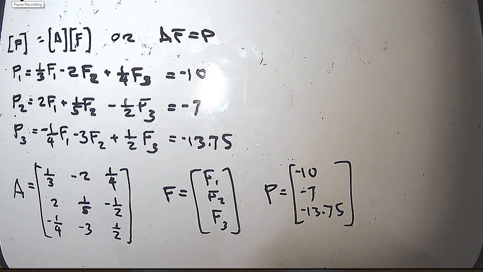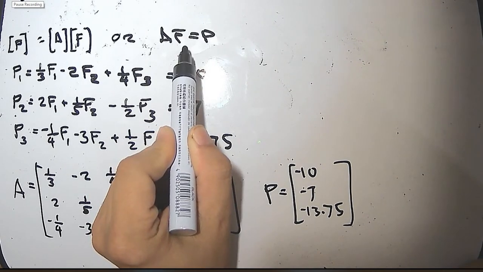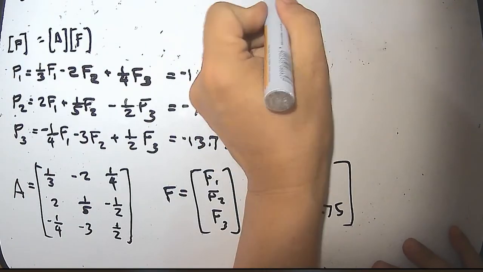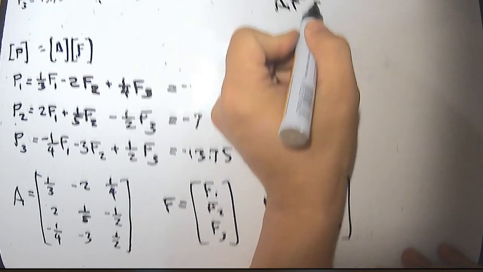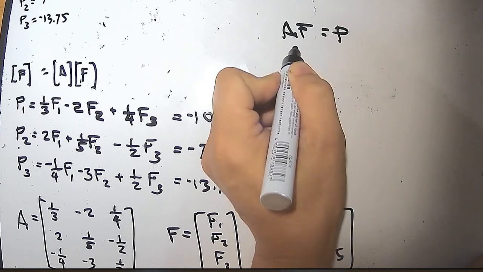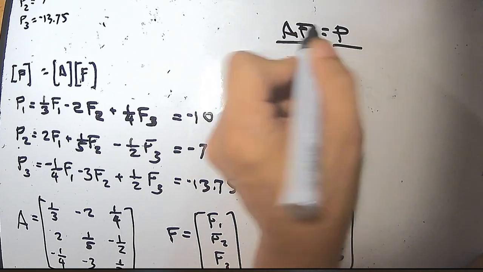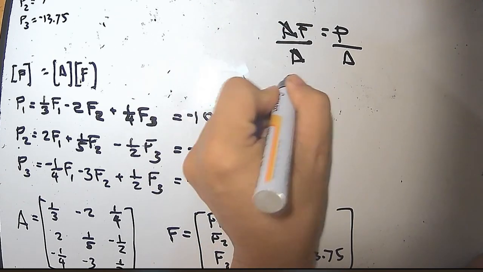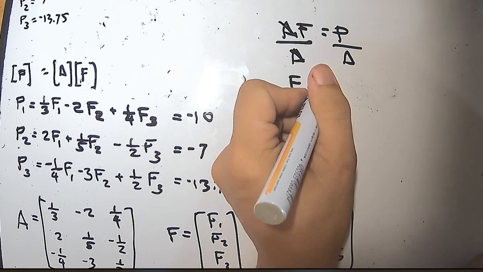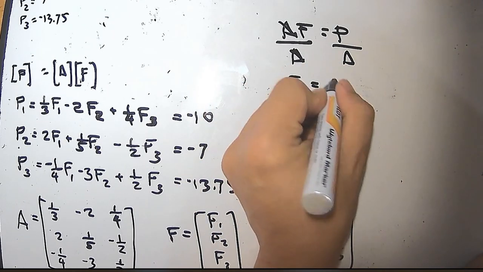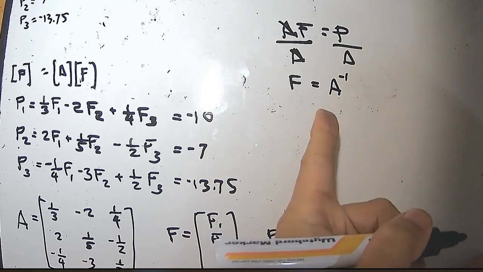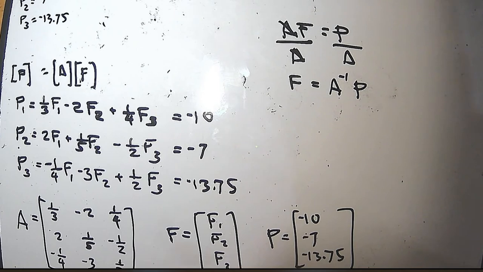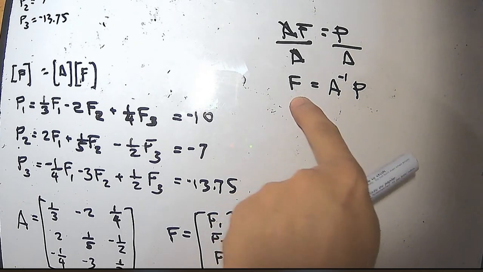Next, from this equation, let us divide both sides. Ano? So, let's say AF is equal to P. Now, let's divide both sides by A. So, your F now becomes A raised to negative 1 multiplied by P. Ngayon, notice na F is unknown.